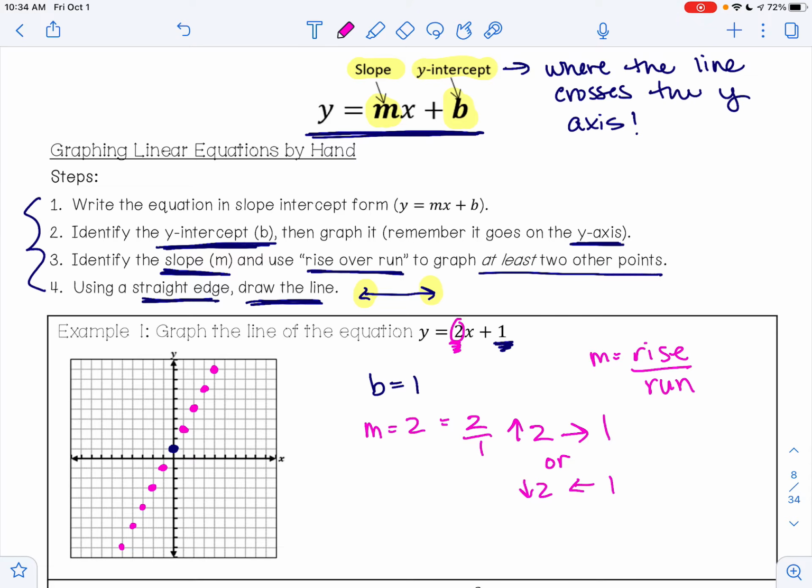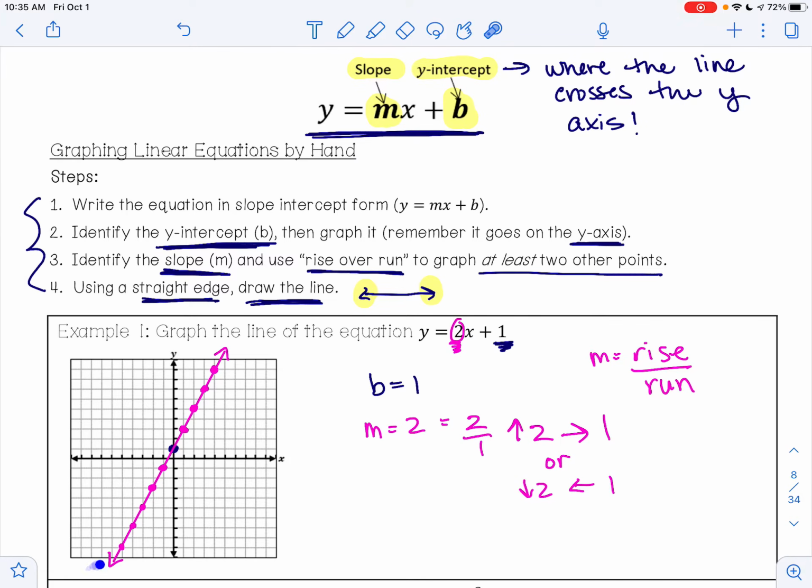Once you have all your points, and if you don't have them all yet, go ahead and pause this video, get all your points, and then you can resume. But once you have all your points, you want to connect these points in a line. So I'm going to connect them, and you're going to want to use a ruler or some type of straight edge. And then it's very important that you include your arrows at the end of your line, because this line goes on forever.